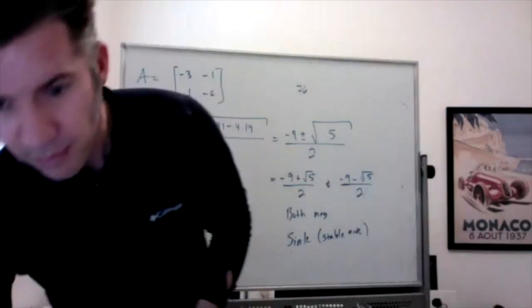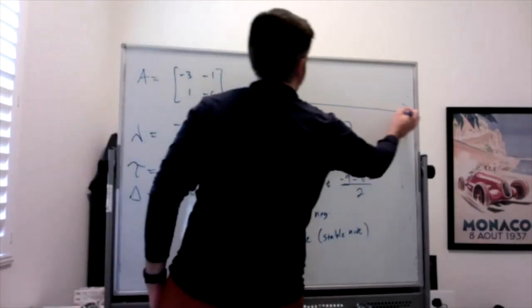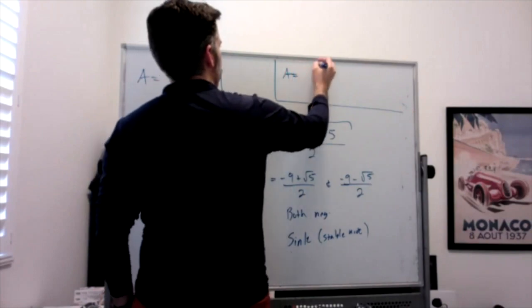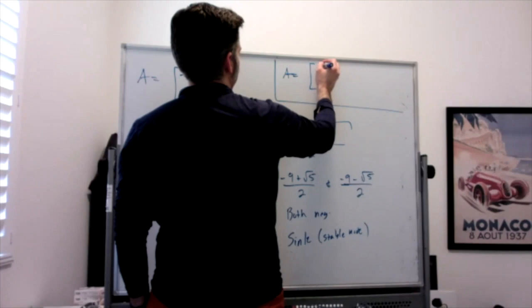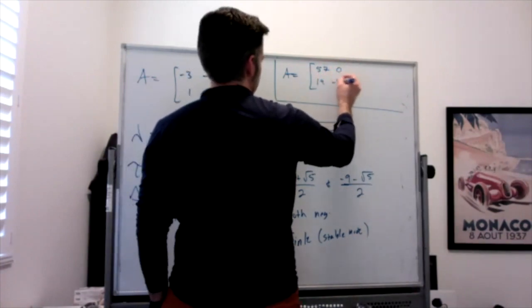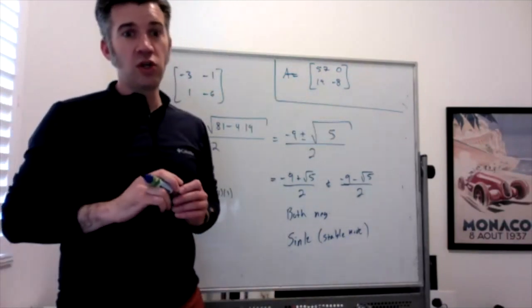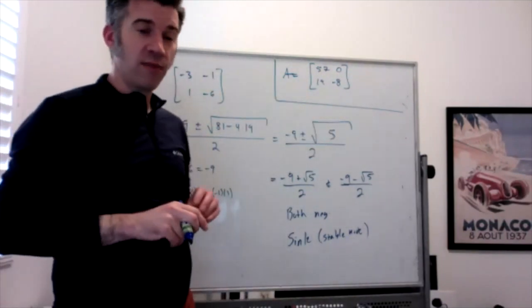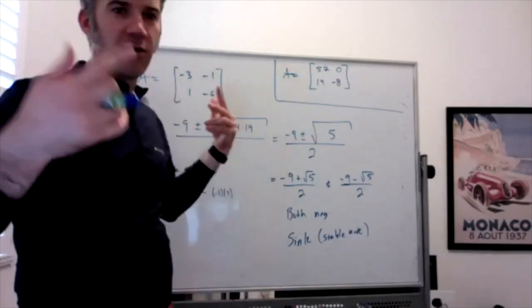Let me talk about one more. Here's one quick one. What about this matrix? A equal to [57, 0; 19, -8]. You should be able to, in 10 seconds, write... Ethan's already there.